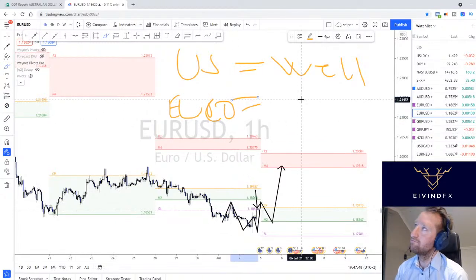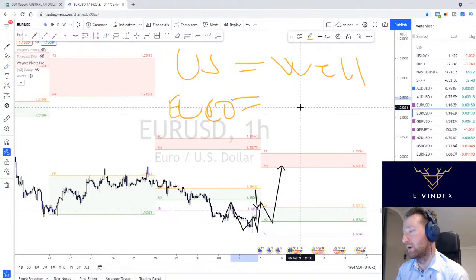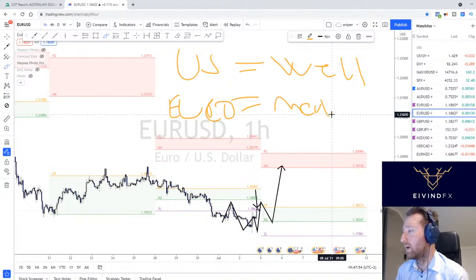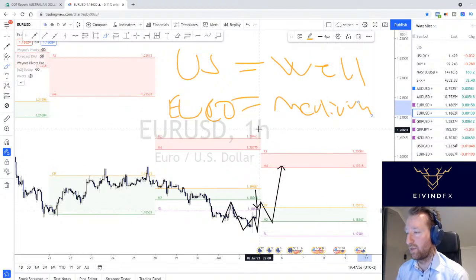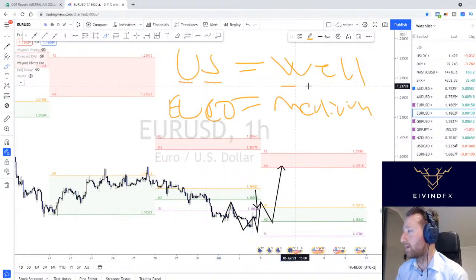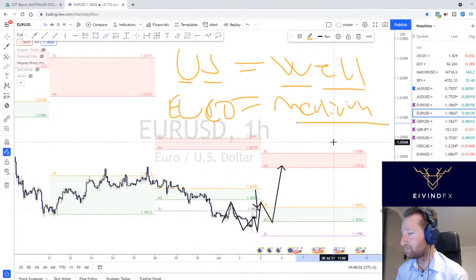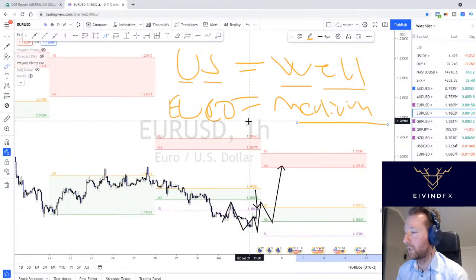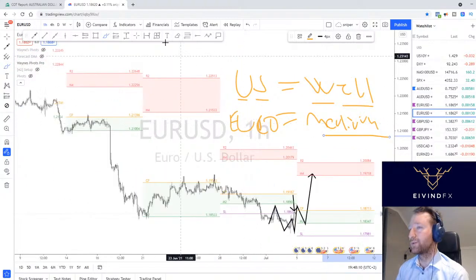Euro is kind of medium. There are good things and there are bad things in it. So the dollar is doing way better than euro at the moment, fundamentally or economically. So what does that mean for us?